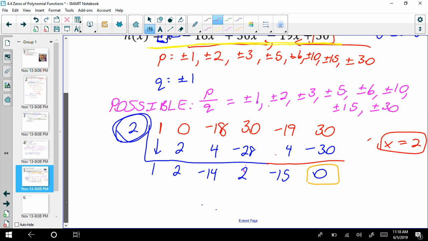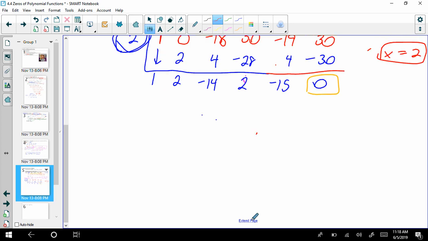So now let's pick another one. I'm going to cheat just to save time for the purposes of this video. Let's check 3. Now notice, when I check the next one, just pick right up where you left off. It will work if it's an answer. You don't have to start over. Just pick right up and use your previous answer, as long as you got 0 out.